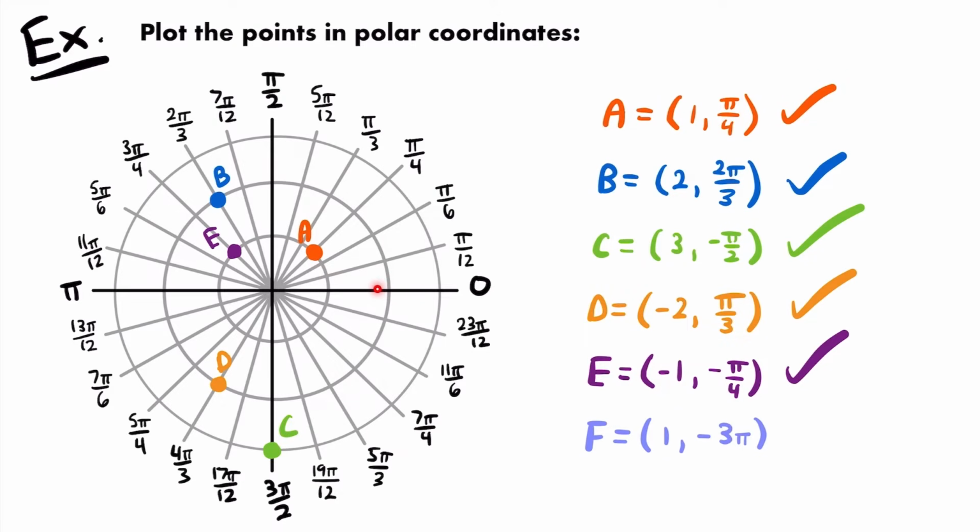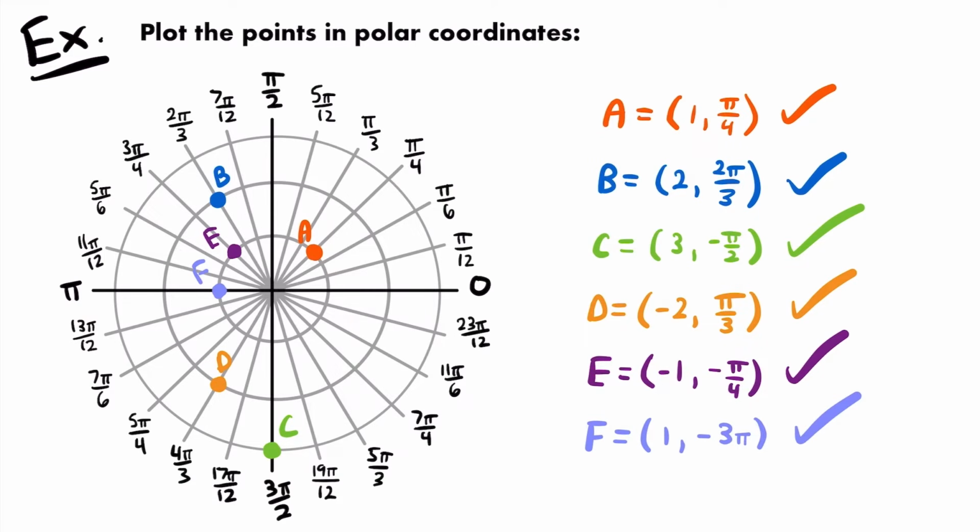And pi is a semicircle, or 180 degrees, so negative pi will take us from the polar axis right here. We're going to be along this line where the angle is pi. All right, so that's where negative 3 pi will be. And then our radius is 1, so we know that our point will be at this point right here along this first circle. So our point F will be right here. That is the point 1, negative 3 pi.